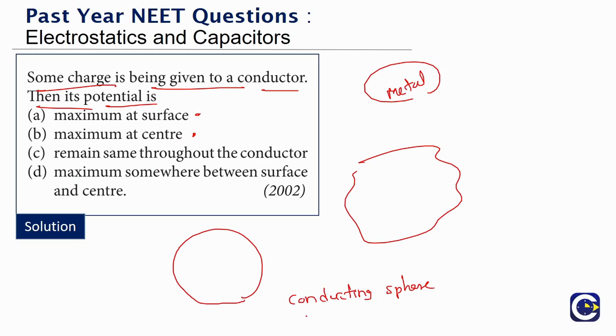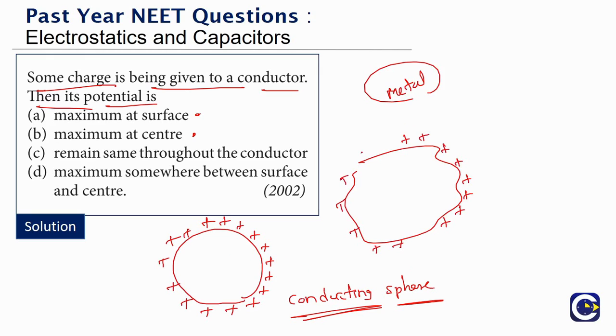Now this conducting sphere example is something we would have analyzed during our theory class or preparation. When we give charge to this conducting sphere, we'll analyze it with an example so that we have some familiarity. We know that not only for this conducting sphere, but for any conductor, when we give charge, the charge resides on the outer surface.